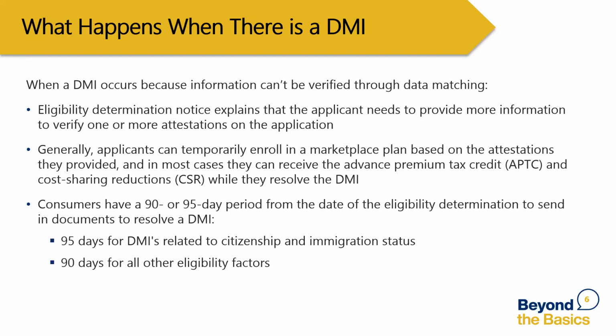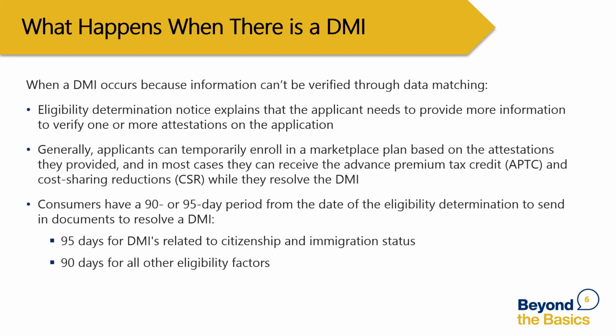Generally, applicants can temporarily enroll in marketplace plans based off of their attestations, and in most cases, they can even receive their advanced premium tax credits based off of their attestations while this data matching issue is being worked through. Consumers usually have 90 or 95 days.